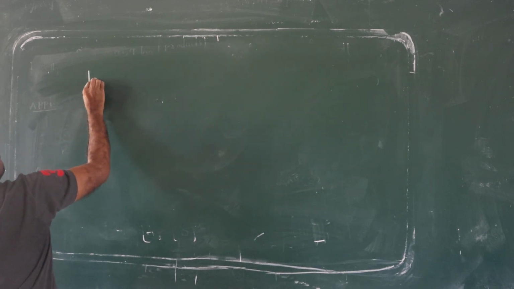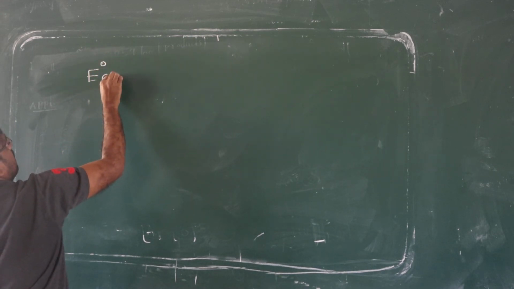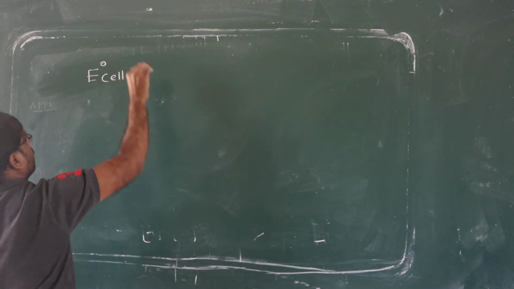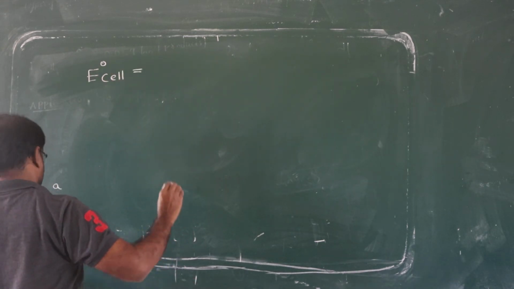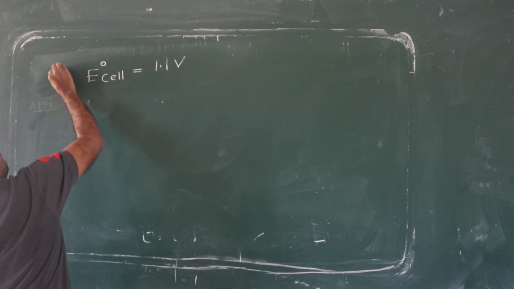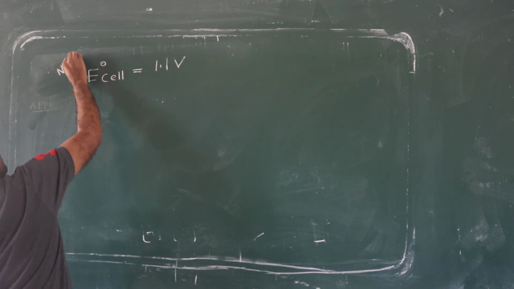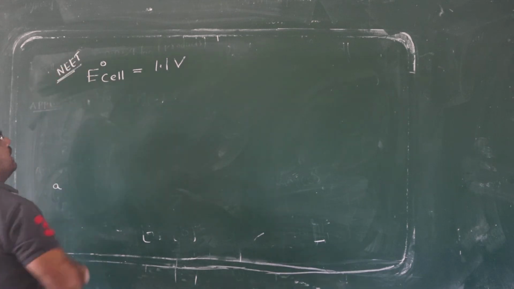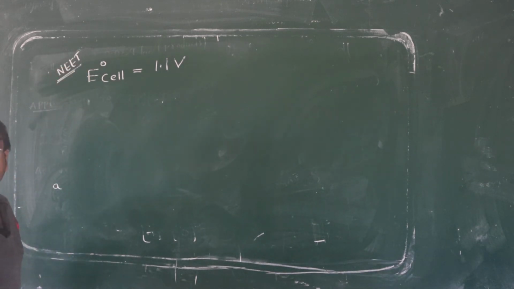Now, E naught cell is given as 1.1 volts. In examination, E naught cell they give, 1.1 volts.